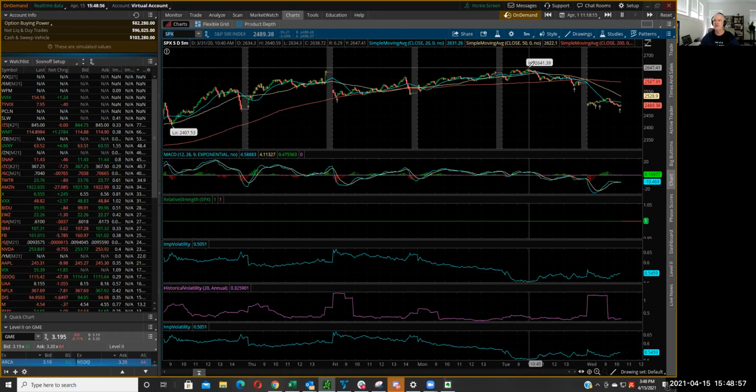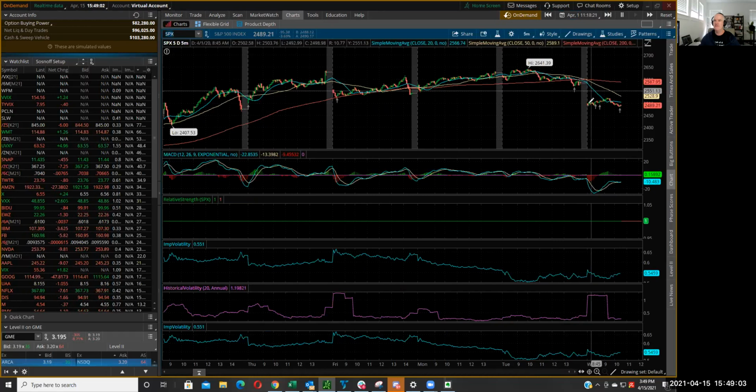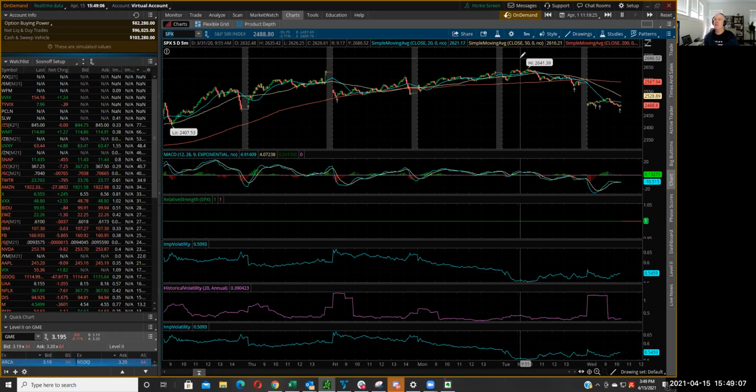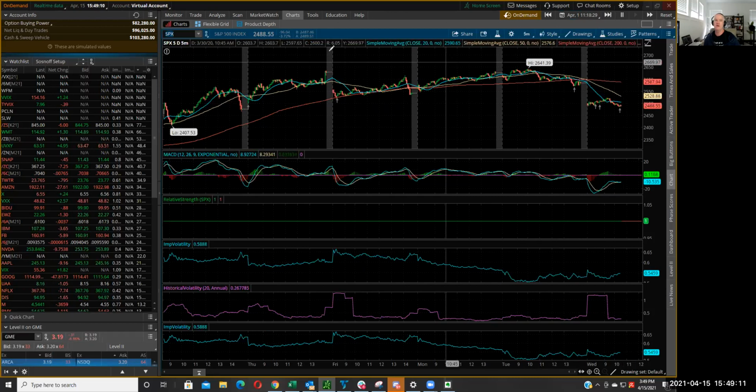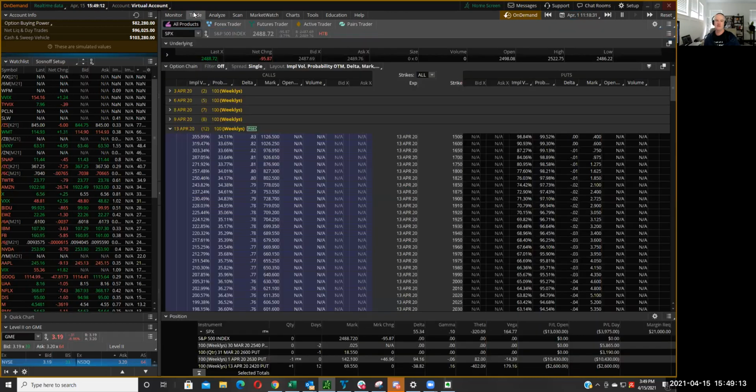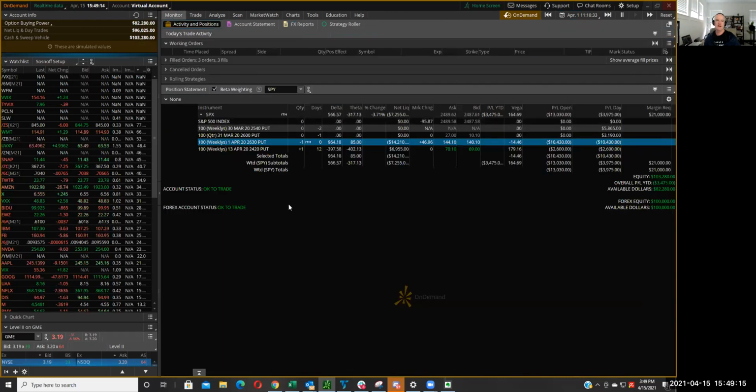What's that? 150 points. It closed down from 2590 to 2490. It closed down almost 100 points from where it was trading the day before. So that's part of the reason why we've lost money in this roll.